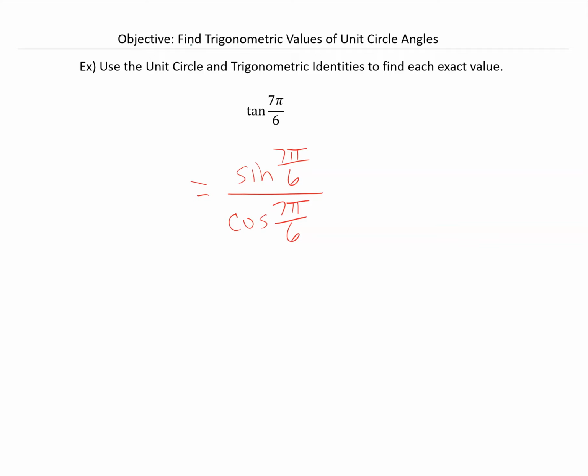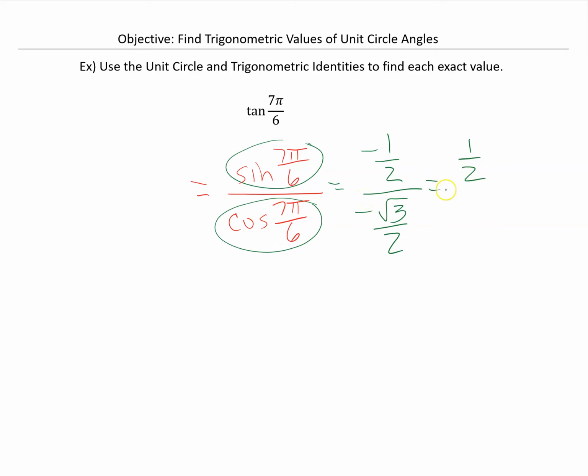7 pi 6 is in our third quadrant, where sine and cosine are both negative. So the sine of 7 pi 6 is going to be negative 1/2, and the cosine of 7 pi 6 is going to be negative root 3 over 2. Personally, right here, I would say, okay, a negative divided by a negative is a positive, and just look at this now as 1/2 divided by root 3 over 2.